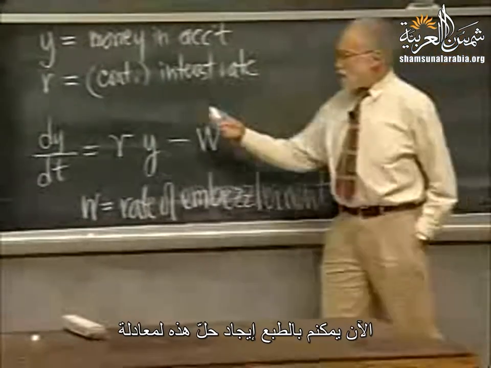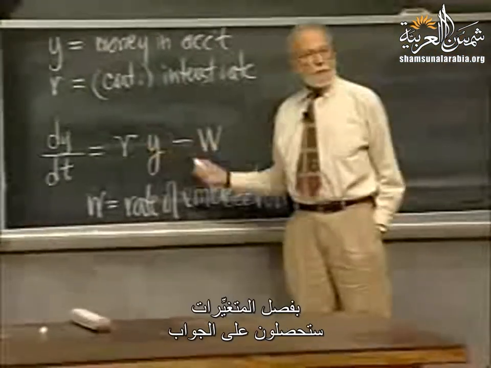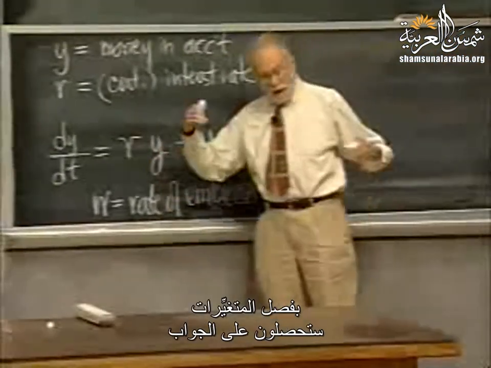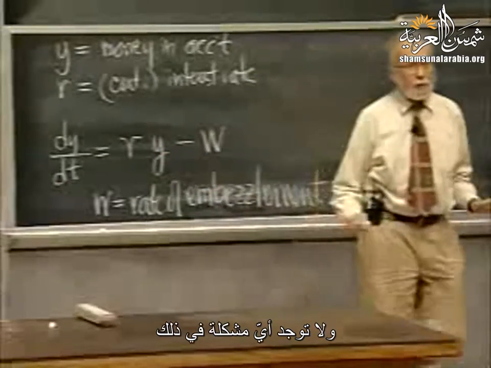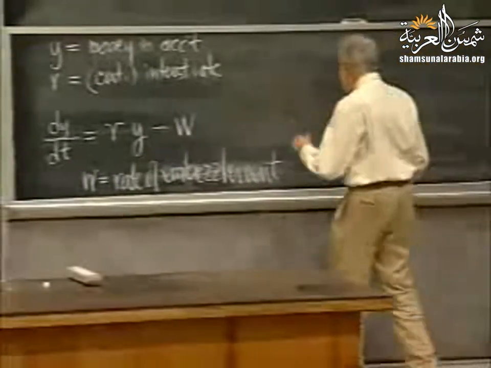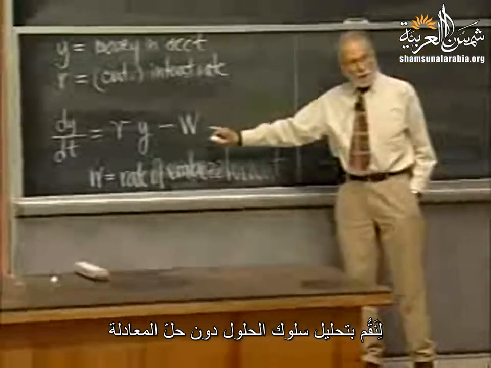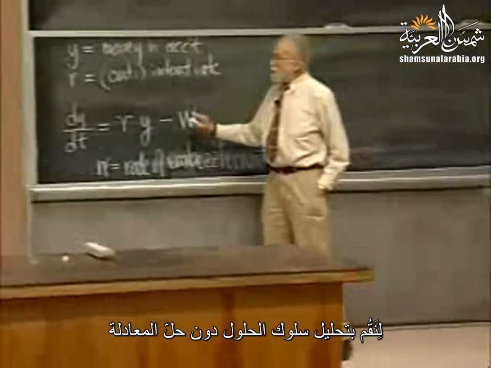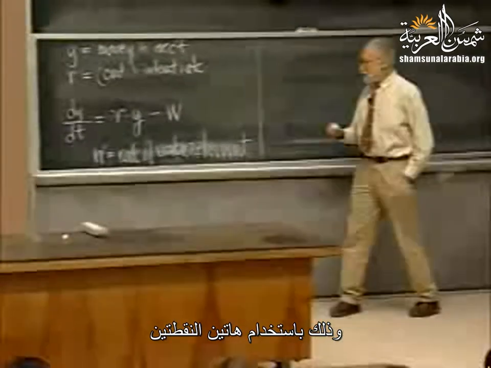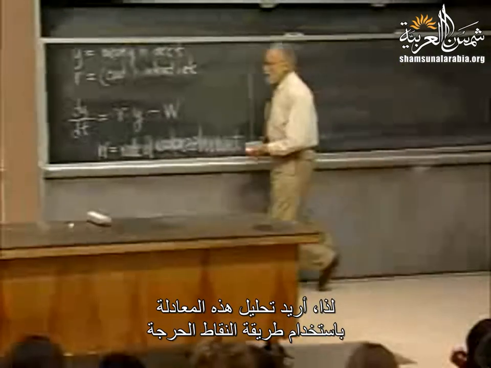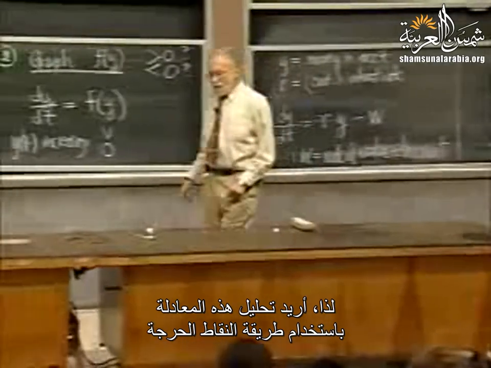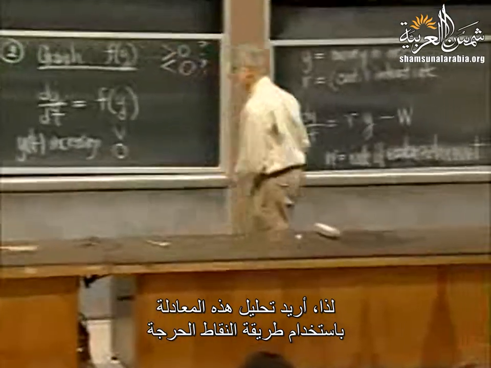Okay, now, of course, you could solve this. This separates variables immediately. You get the answer, and there's no problem with that. But let's analyze the behavior of the solutions without solving the equation by using these two points. So I want to analyze this equation using the method of critical points.